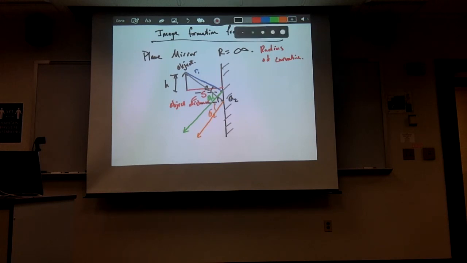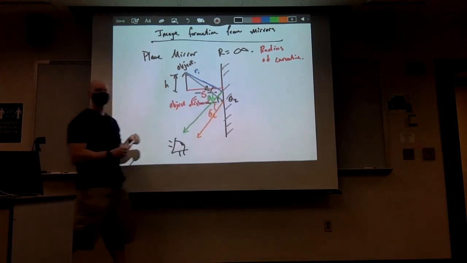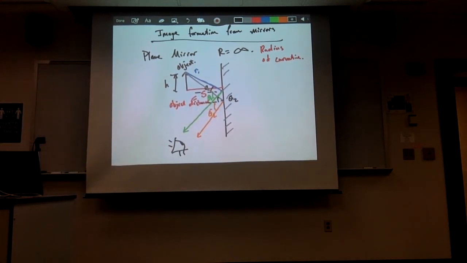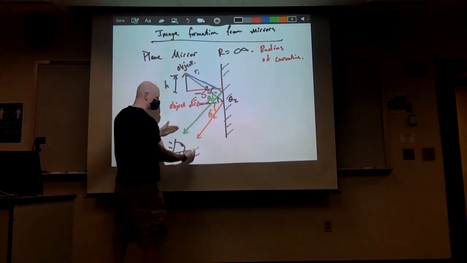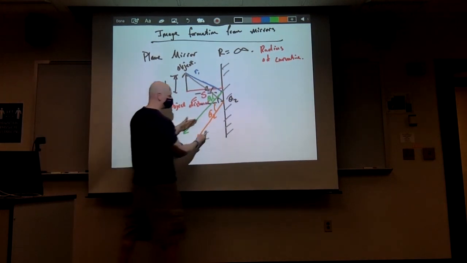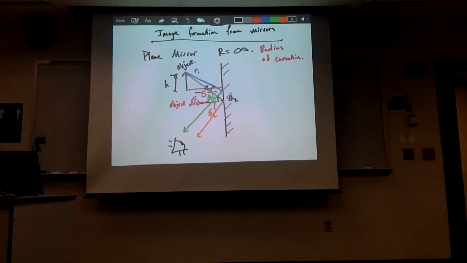Our eye is going to be somewhere out here looking at these reflected rays, and it's going to try to interpret where this actual object is. So I'm going to ray trace these backwards to find the origin of these rays. Remember, as we talked about yesterday, our eyes are pretty simple and assume everything moves in a straight line. Since these rays are diverging away from each other, if I ray trace them backwards they eventually converge at some point.